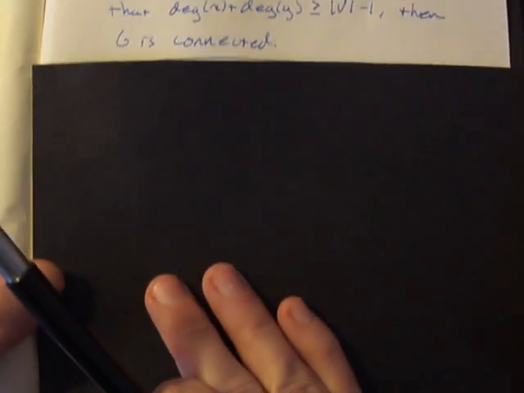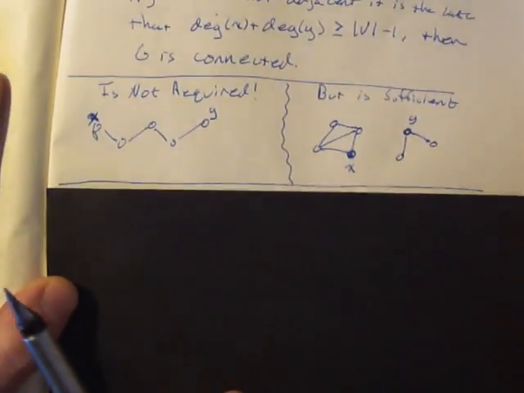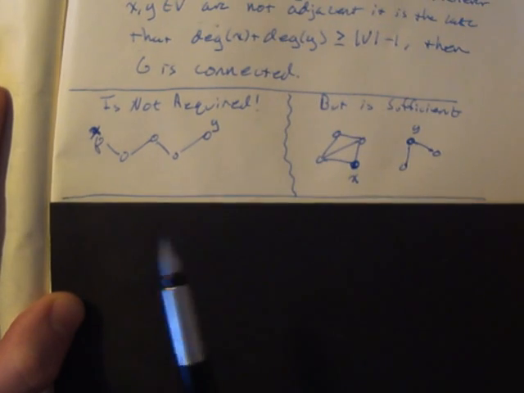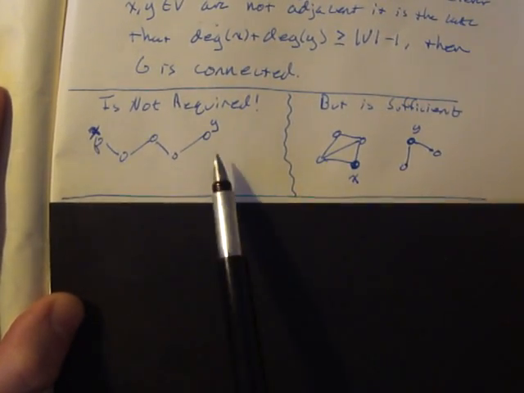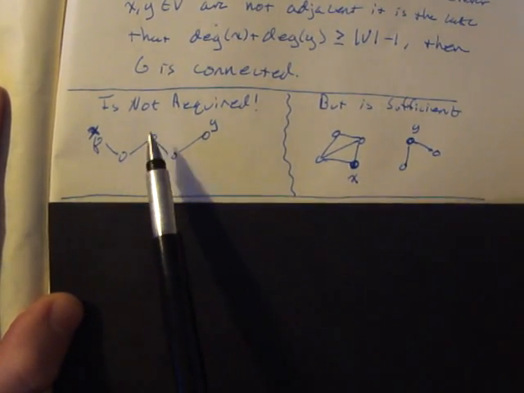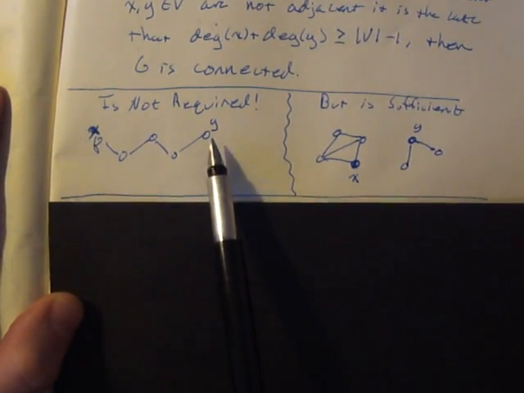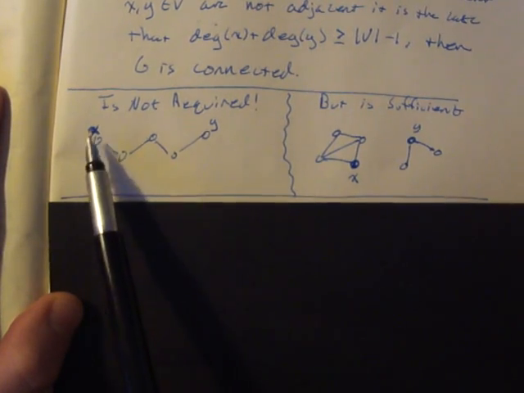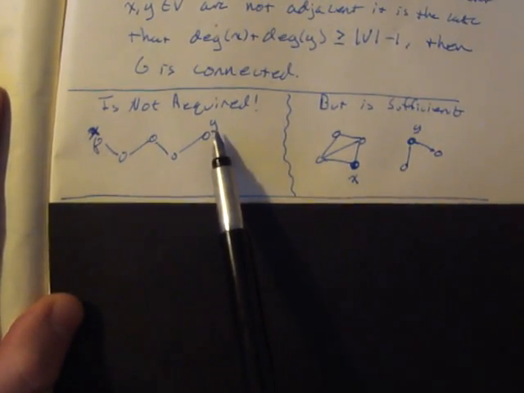What this does not say is that every connected graph has this property. Here's an example of one that doesn't. This is a connected graph with 5 vertices, and here are two vertices that are not adjacent with one another, x and y.